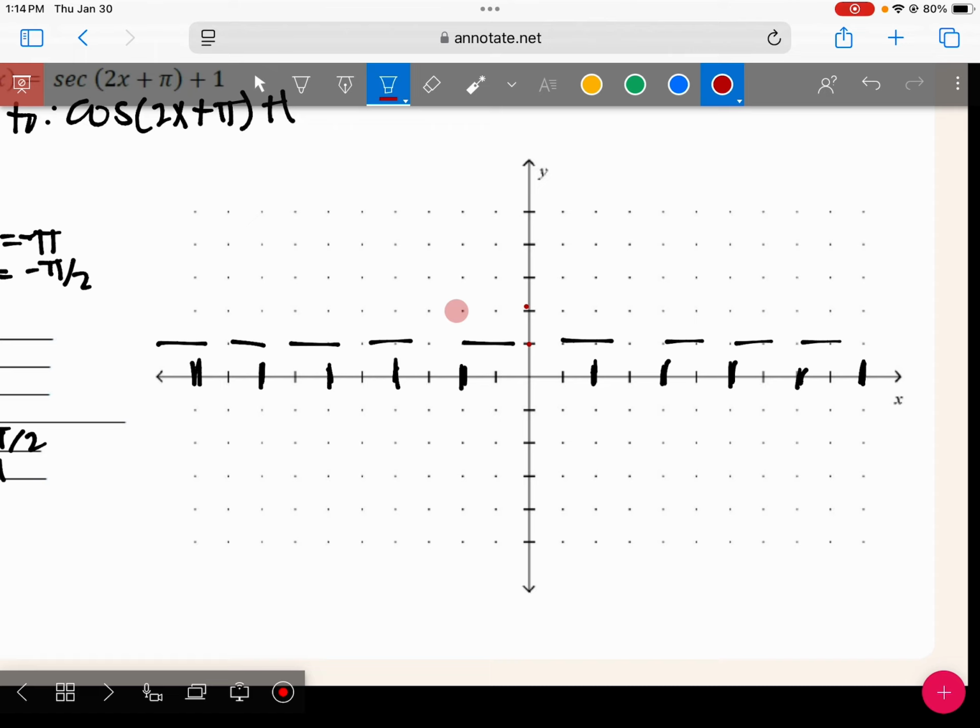And our period changed. So when our period is pi, we have to use every tick mark in order to make sure that we get through everything in a pi rotation rather than a 2 pi rotation. So we're going to use every single tick mark. So it's going to be kind of tight.